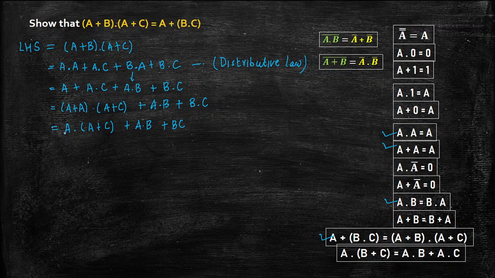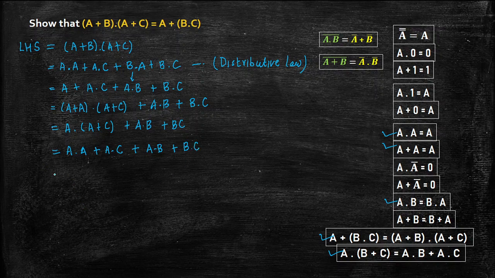They will be added. Then A dot A, again we are going to use distributive law. This, right? A dot B plus A. Instead of B there is A. So therefore the outcome will be A dot B. So instead of B it's A only. So A dot A plus A dot C plus A dot B plus B dot C, right?